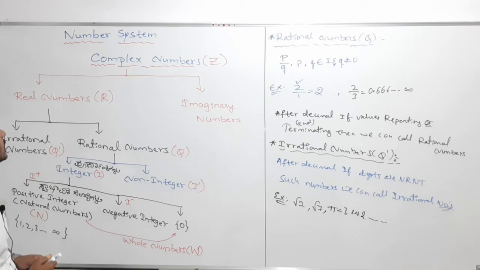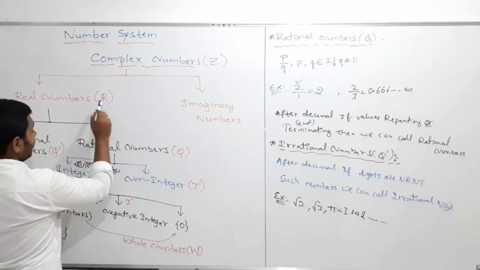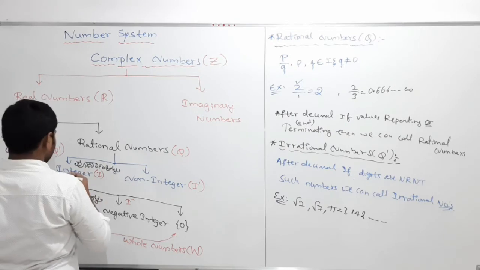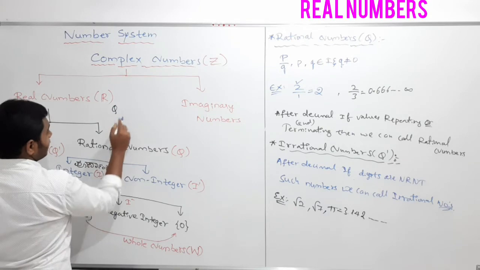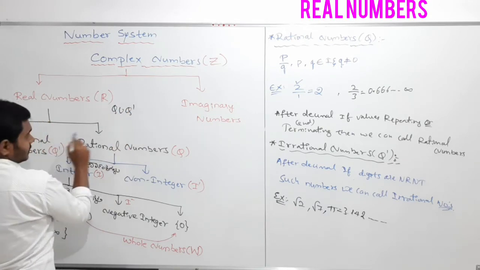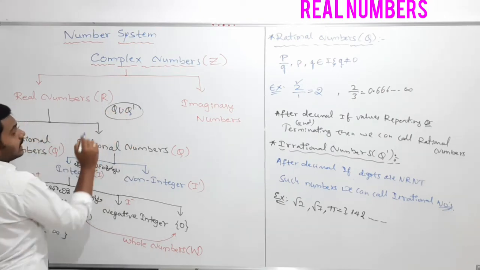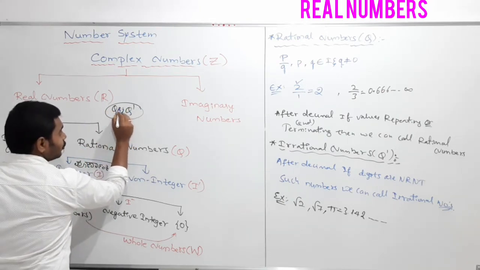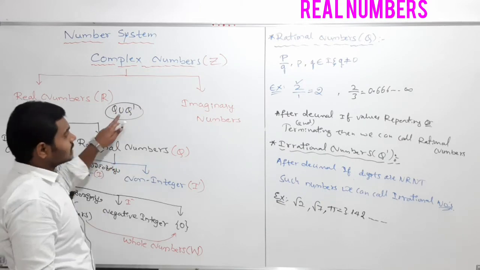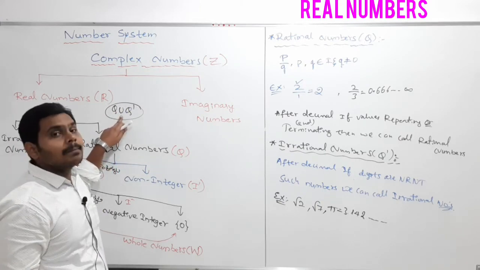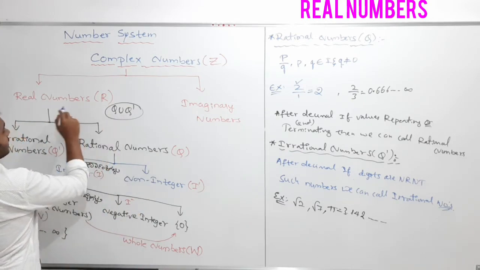We denote them by the capital letter R. So we need both rational union irrational. It means both rational and irrational numbers together we call real numbers. This symbol is called union. That we'll discuss in future, in the first topic, what this symbol is. But as of now, both rational and irrational numbers we can call real numbers.